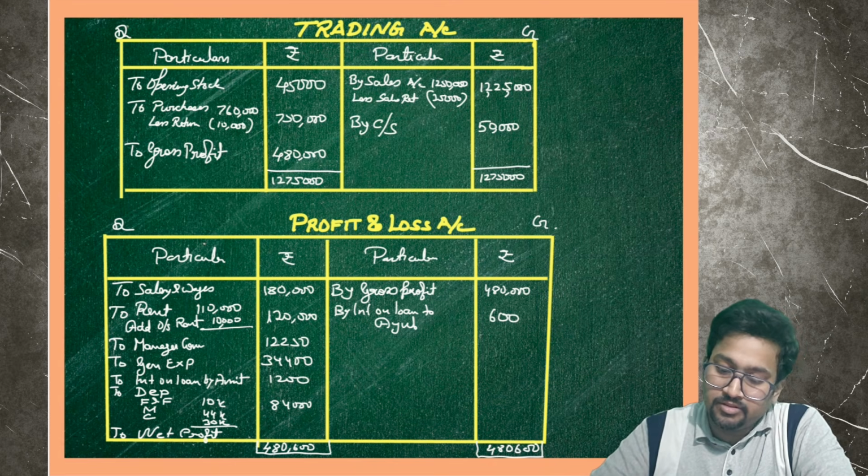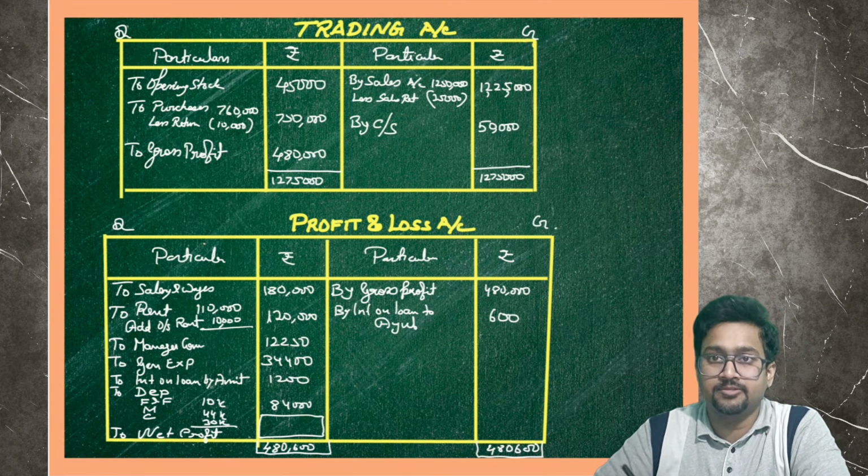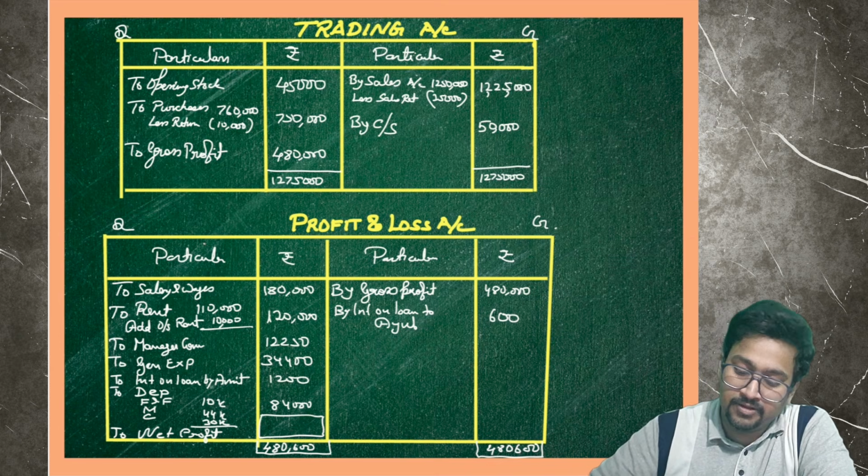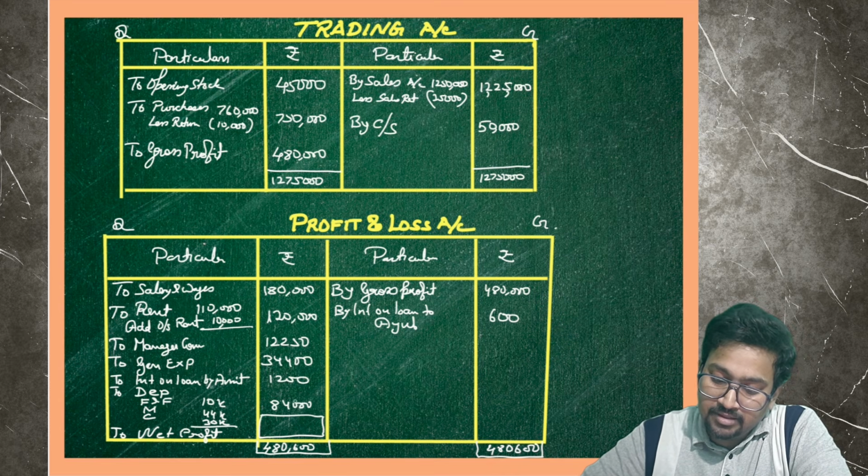4,80,600. So here the net profit will be whatever is the deficit amount coming at this place, so that will be our net profit. So it will be 4,80,600 minus 1,80,120 is 3 lakh, then 3,84,000.